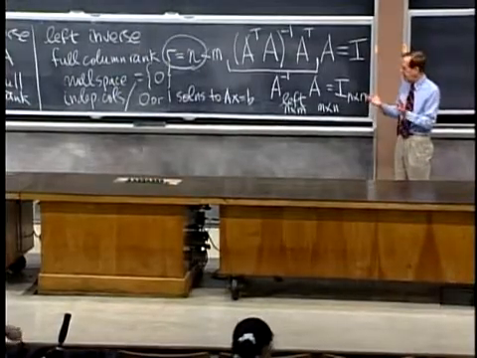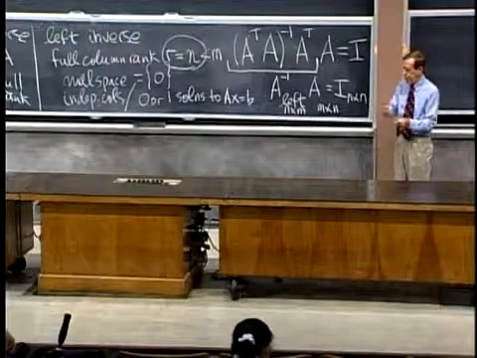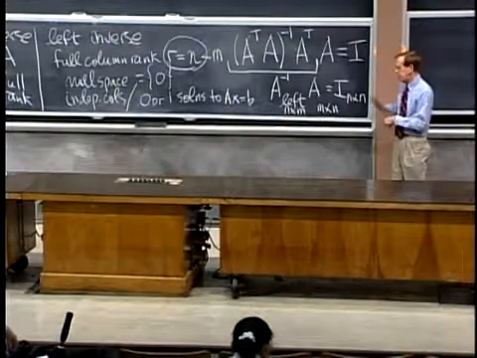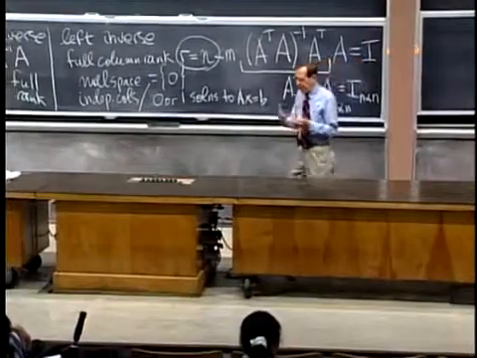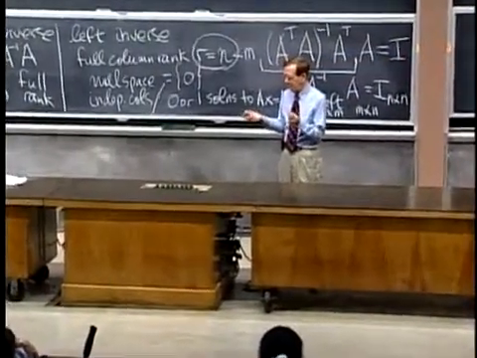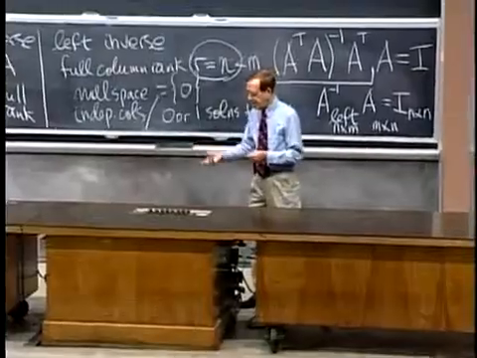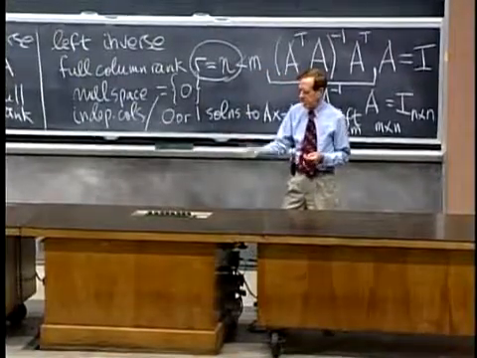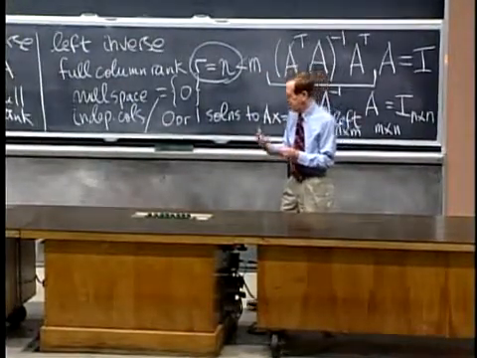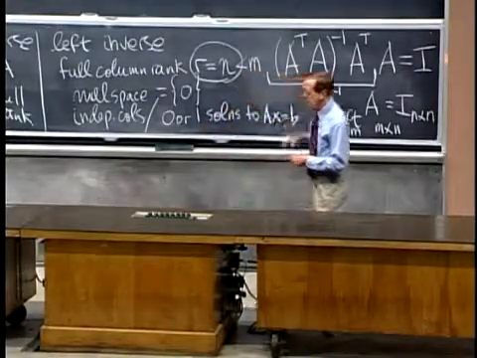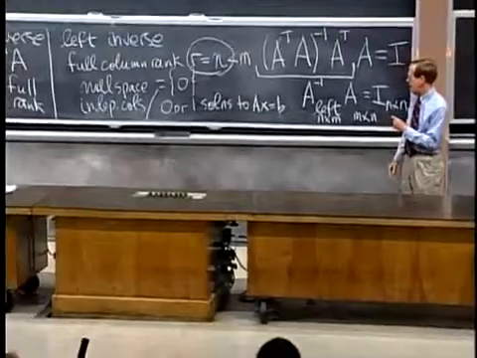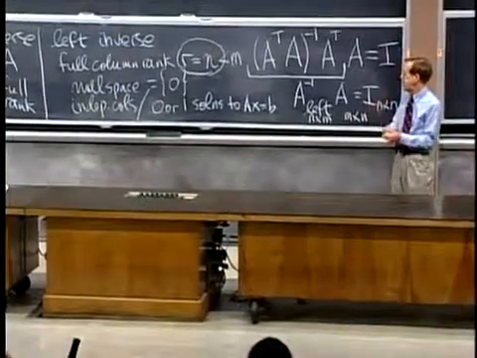A rectangular matrix can't have a two-sided inverse, because there's got to be some null space, right? If I have a matrix that's rectangular, then either that matrix or its transpose has some null space. Because if n and m are different, then there are going to be some free variables around, and we'll have some null space in that direction.